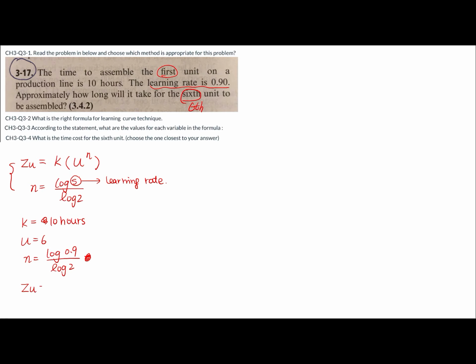You want to use this formula. So Zu equals 10 times 6 to the power of log 0.9 over log 2. And the final result is 7.6 hours. So the time cost to produce the 6th unit is 7.6 hours.